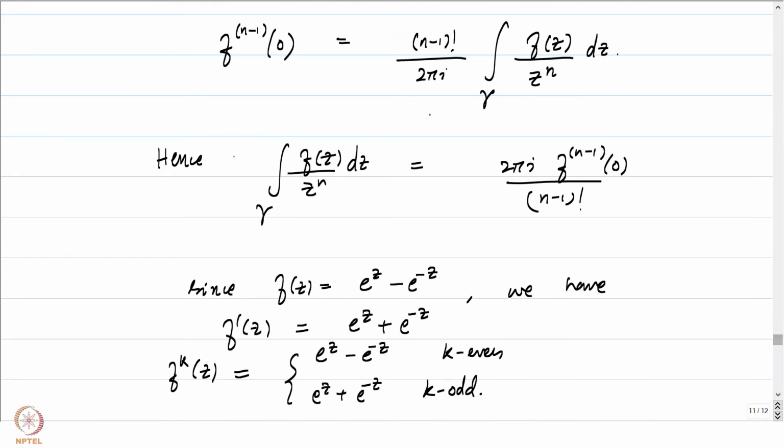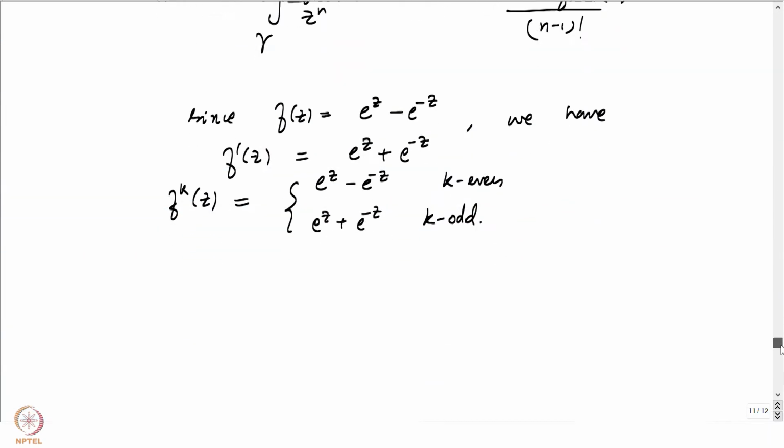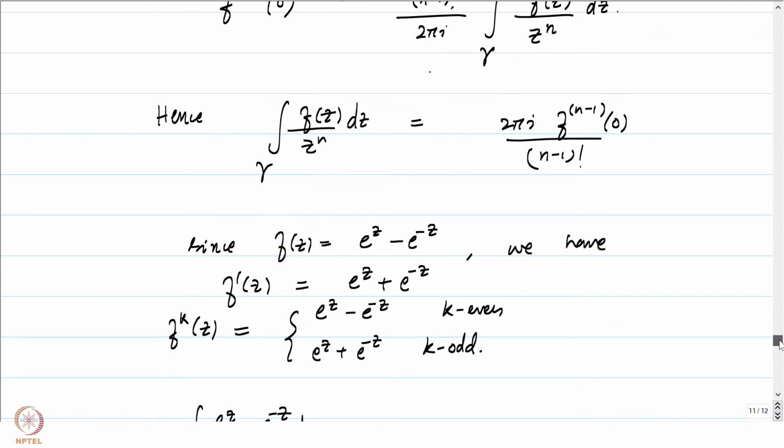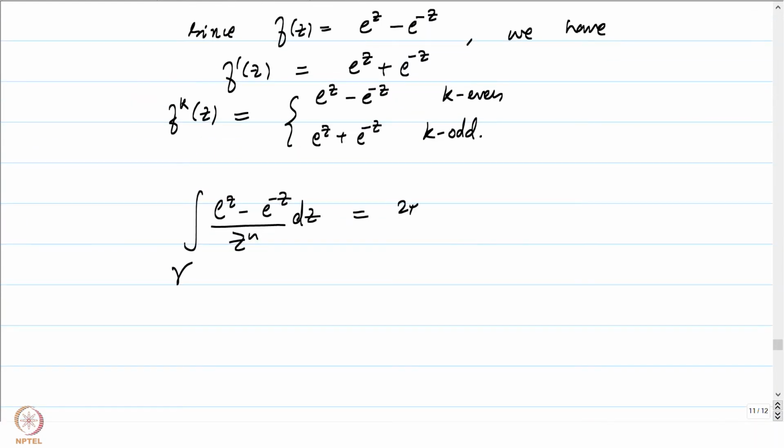So, now getting back to what we want, the integral of e to the power z minus e to the power minus z by z to the power n dz over gamma is equal to 2 pi i times f n minus 1 of 0 by n minus 1 factorial. One has to be a little careful here, it will be n minus 1.